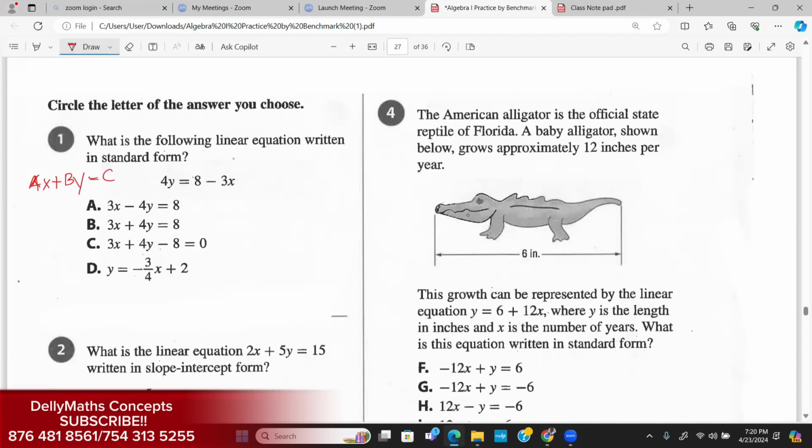So which means I'm going to have to get this -3x on this side, right? Mathematically, we're going to add 3x to both sides. Let's rewrite this. So we're going to have +3x, +4y, and this is equal to 8. This is standard form. So I'm looking for this, and my answer is at B right there.